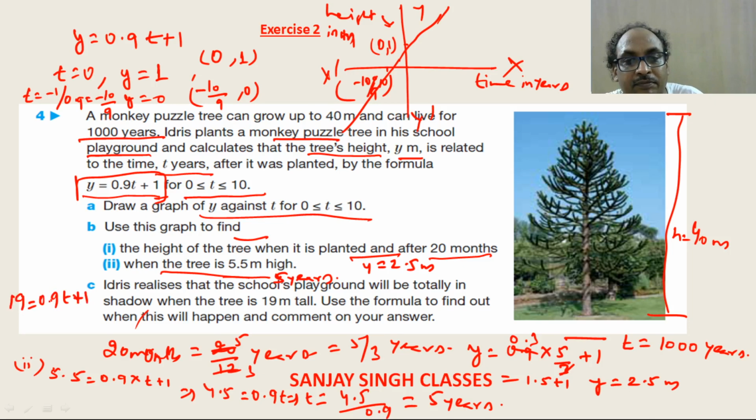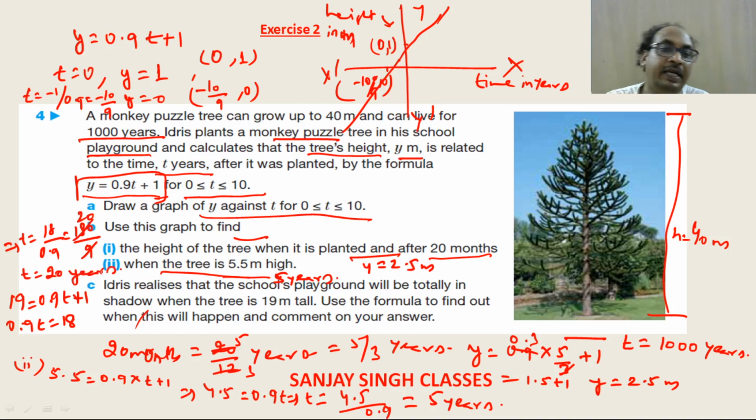And this 0.9t is equal to 19 minus 1, so it is 18. Further, t is equal to 18 by 0.9, and it is 180 by 9, which is 20. So t is equal to 20 years. In 20 years, the tree will gain the height of 19 meter.